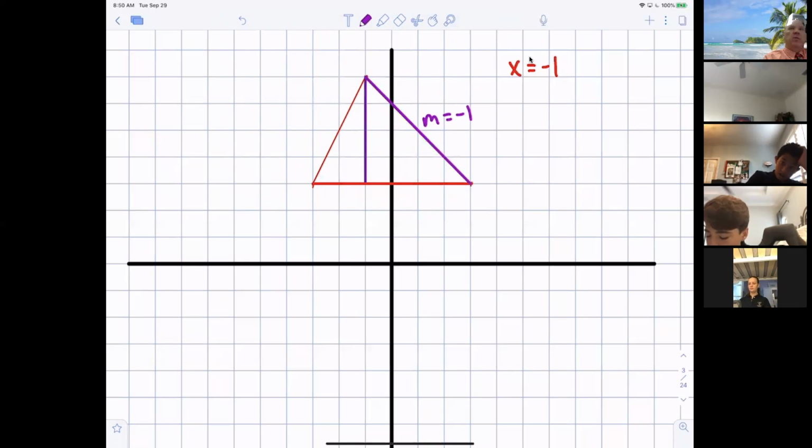That slope is -1. So if I want something that's perpendicular, it will have to be what? Think for yourself. The slope of the perpendicular would be +1. The reciprocal of -1 is 1, and then the signs are opposite. So now let me show you what we need to do.